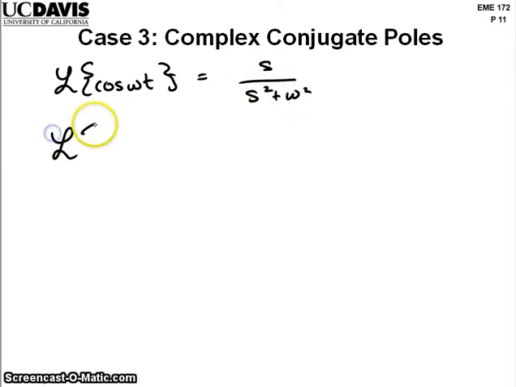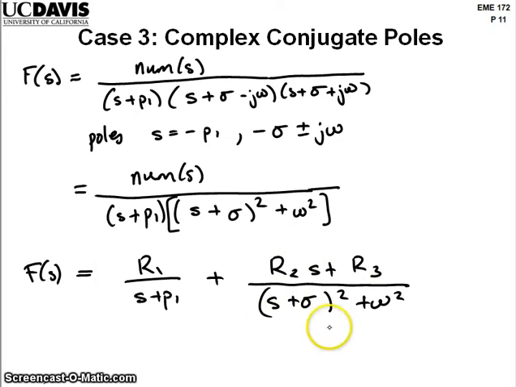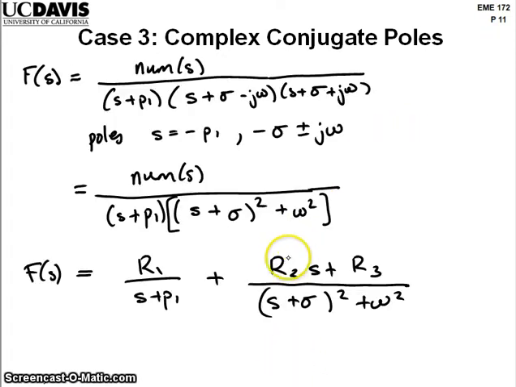Turns out that the Laplace transform of e to the minus sigma t times cosine omega t looks like this: s plus sigma over s plus sigma squared plus omega squared. Right, so I can see that the denominator of this Laplace transform is the same as what I have in my partial fraction expansion. But if you look, the numerator is not the same, right? Over here I've got just s plus sigma, and I could have any residue r2 or r3 here.